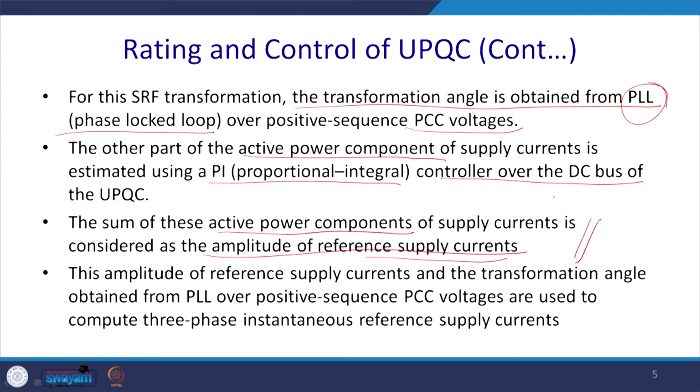So, you have IL, that will have IP of t plus IQ of t plus summation of IH, n equal to 1 to infinity.